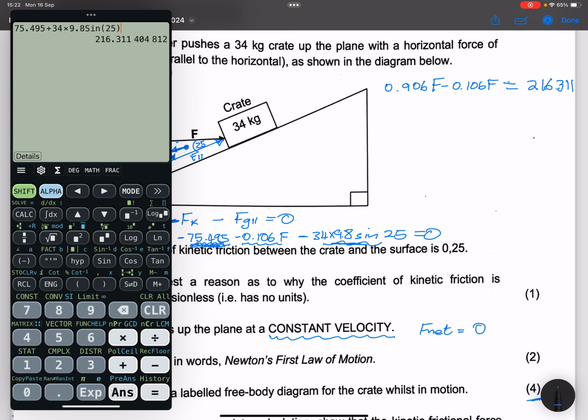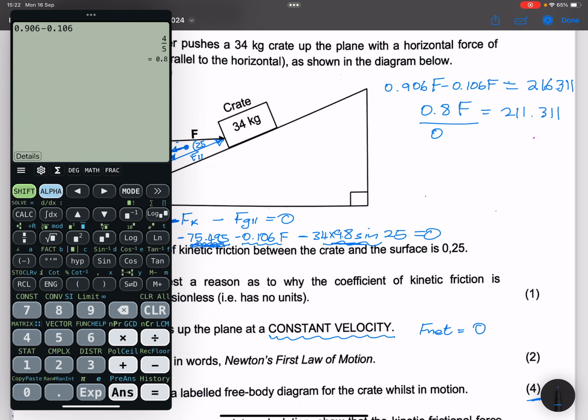Okay, now if I subtract those two from each other, I get 0.906 minus 0.106 gives me 0.8 F. Okay, and this is equal to 216.311.